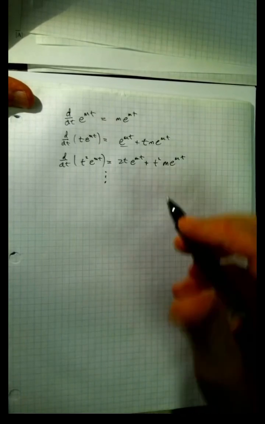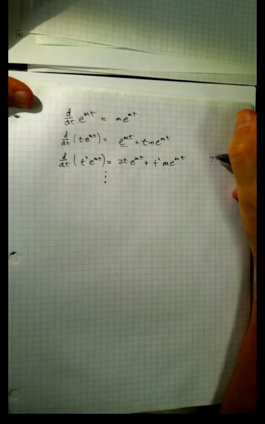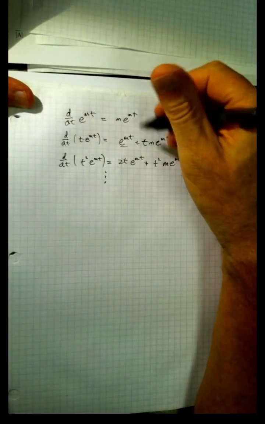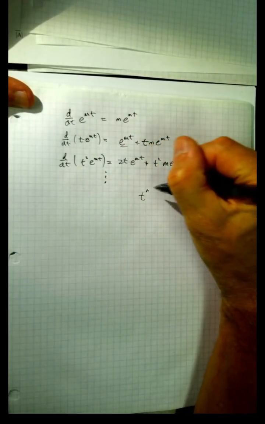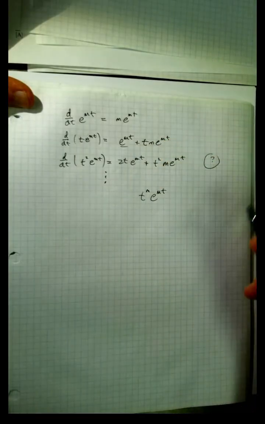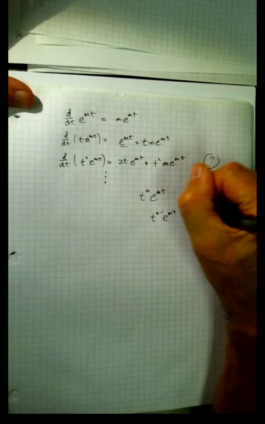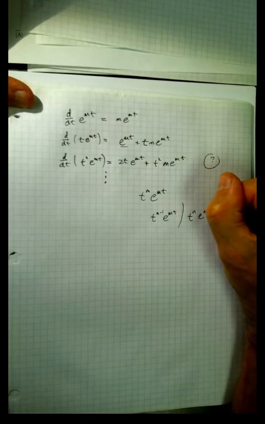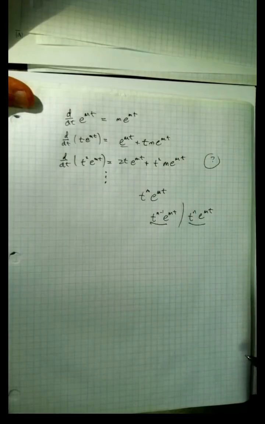So when we're making these guesses and trying to make an estimate of what we think is going to happen, we've got to be aware of what's happening with these different kinds of functions. So if I have t e to the mt, and m is some fixed number, when I take the derivative, I'm going to have two terms associated with it.